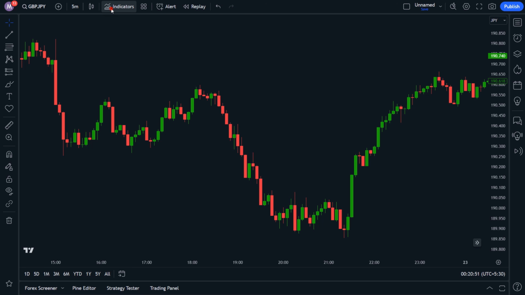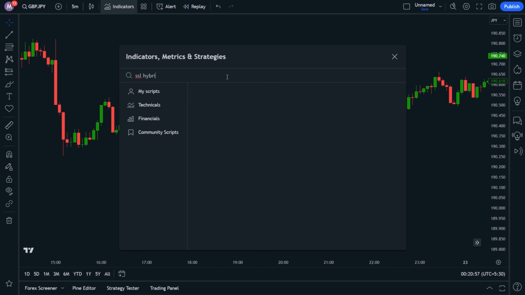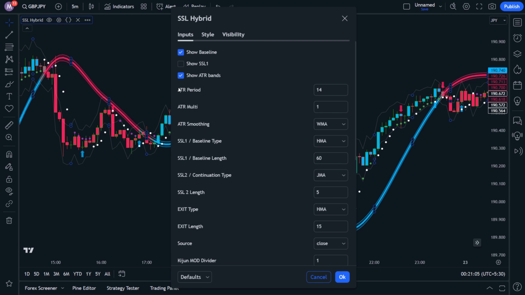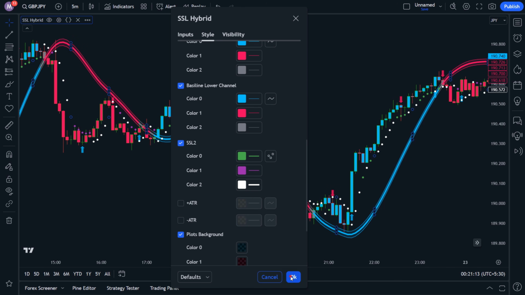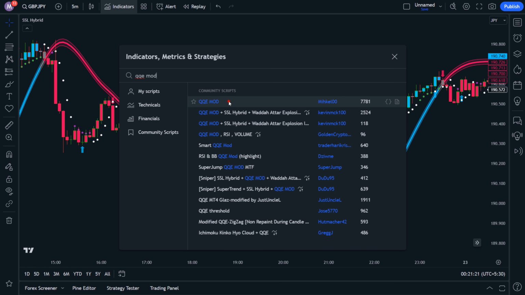Let me show you before doing the live test how to install this indicator in the TradingView. First of all, you have to search for SSL Hybrid Indicator. After that, you have to search for the QQE Mod Indicator.